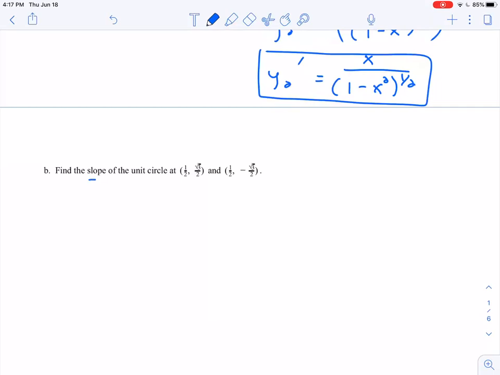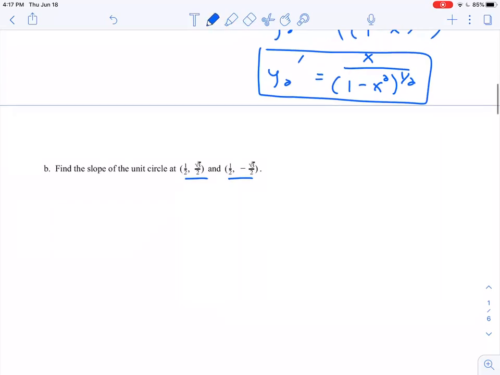Okay, slope of the unit circle makes me think about slope of the tangent line, right? So we're thinking about the derivative when we talk about slope, f prime of x or y prime. But here is the problem that I now face. I have these 2 points, which, okay, that's great. But I ended up with 2 derivatives depending on whether I was looking at the positive or the negative case.